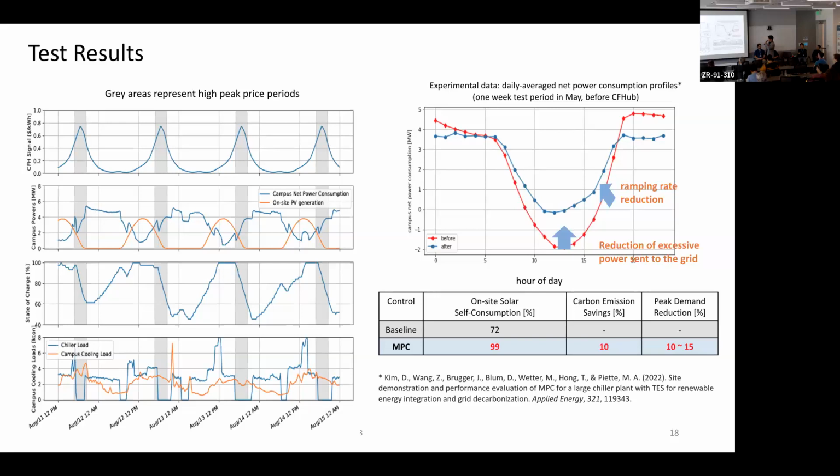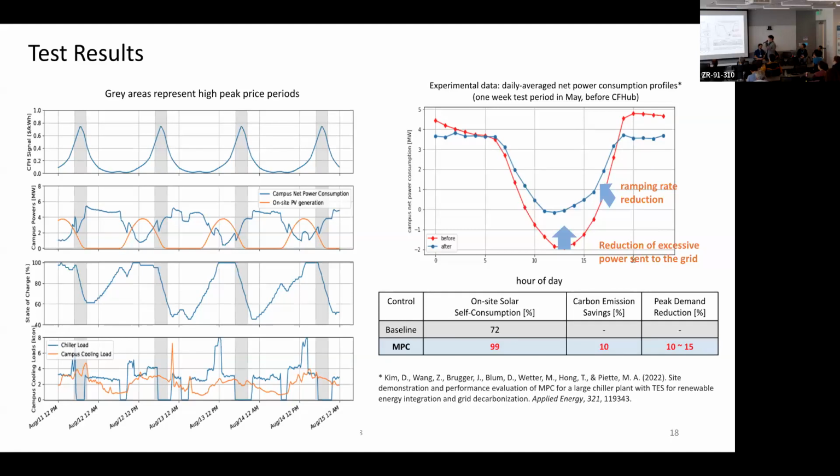The second subfigure shows the power measurement, and the third one is the state of charge within the chilled water tank. 100% means fully charged, and in this case it is bounded at around 40%. So basically the tank ranges from 40% up to 100%, depending on the model predictive control. And the last figure shows the chiller load and the campus load.